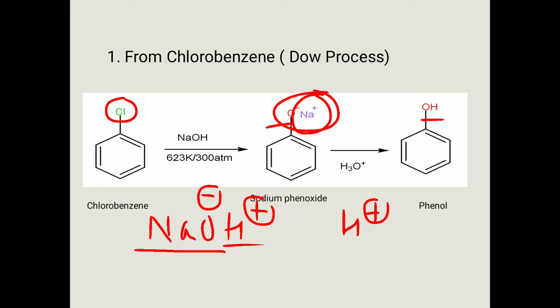So chlorobenzene is fused with NaOH at high temperature and pressure, 623 Kelvin and 300 atmospheric pressure, followed by treatment with dilute HCl to obtain phenol. So this process is known as Dow's process, and it requires very high temperature and pressure because it is a nucleophilic substitution reaction on the benzene ring.